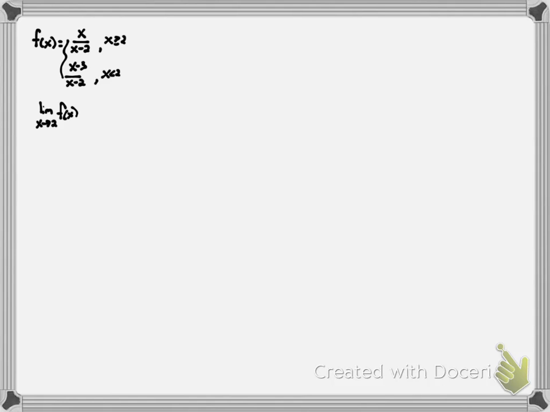Well, in this case, the only thing I can look at is what are the left and right hand limits. And substitution is not going to help me very much in either one of these cases, because I can't actually substitute 2 in.